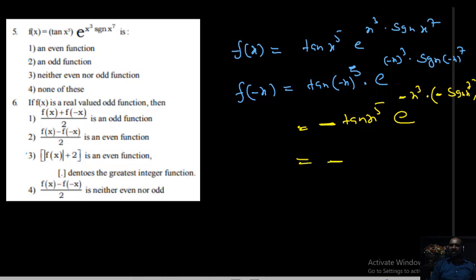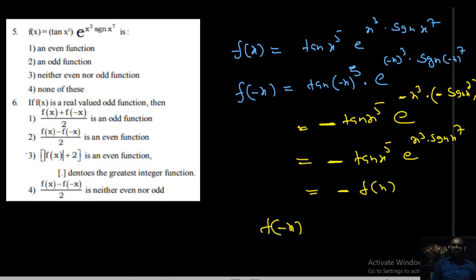This is equal to minus tan x power 5, and the minus into minus gives plus e power x cube into signum of x power 7. So this is nothing but f of x. What I got is f of minus x equal to minus f of x. Now you can say that f of x is an odd function.